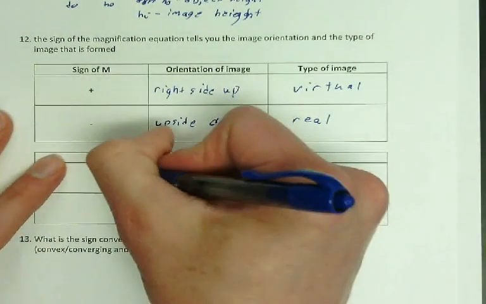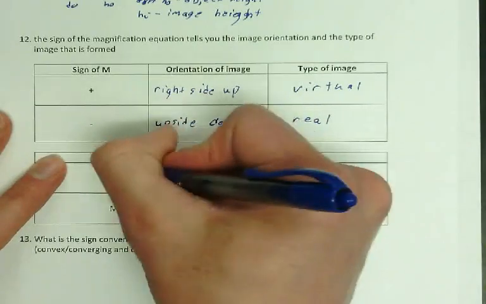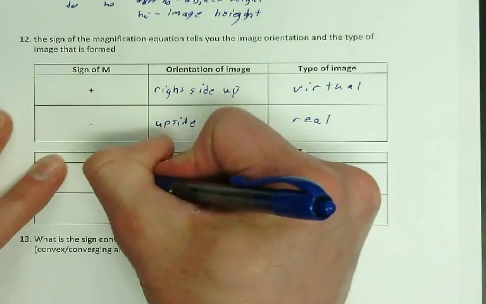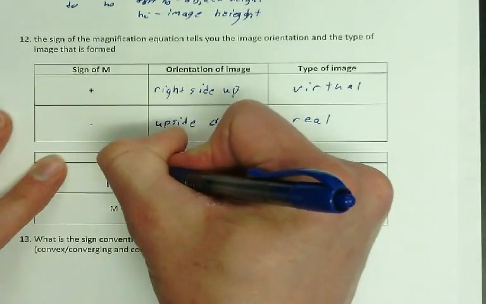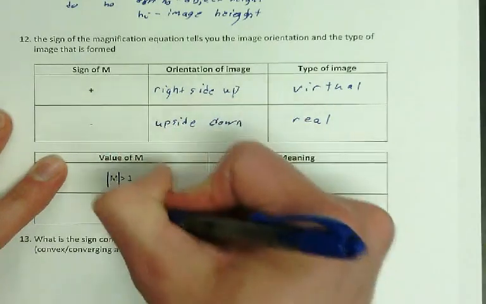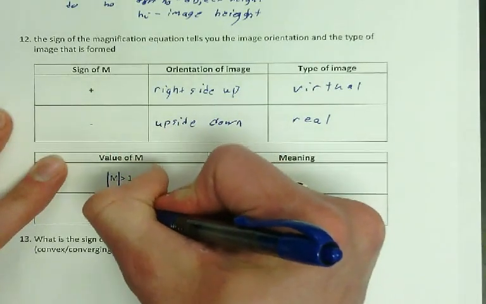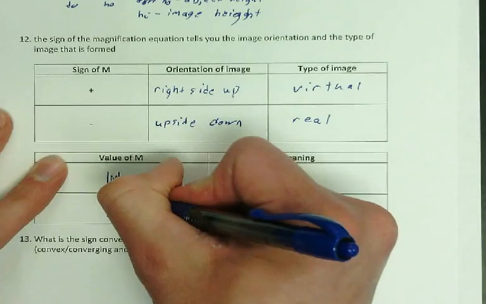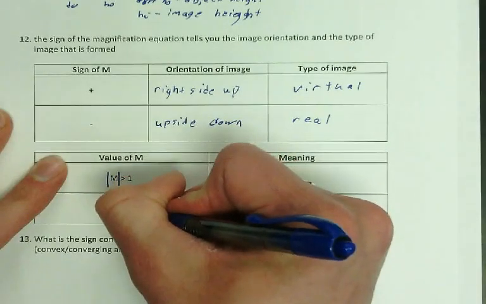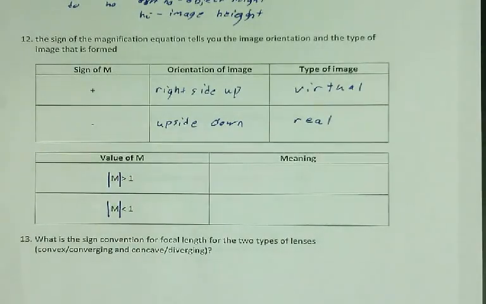All right, let me clarify this one. So value of m, put an absolute value symbol on either side of m, because I don't care if m is positive or negative. I'm just looking for the value number of m. So if m is a negative 3, just treat it like 3. If m is a positive 7, just treat it like 7. But here's what it means.